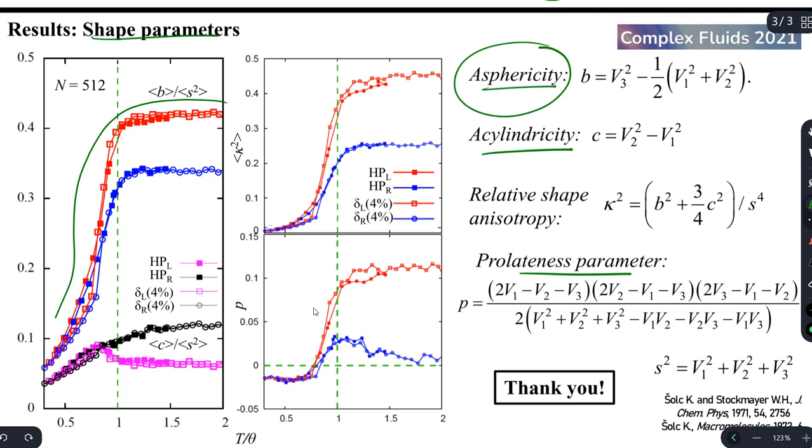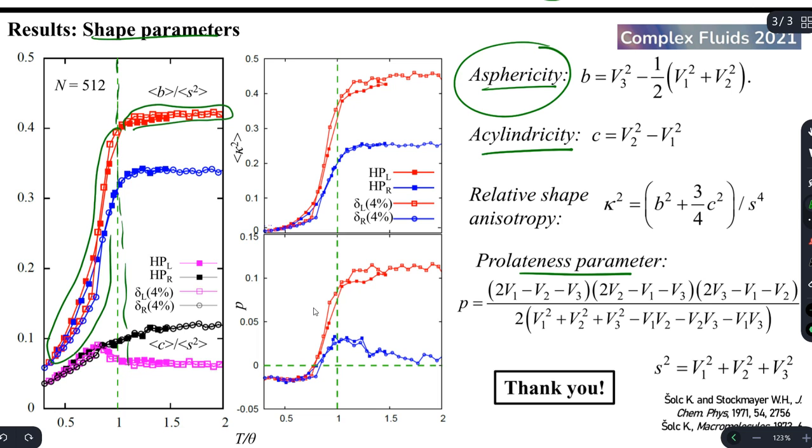So in short, what I find is that they are basically almost the same, the energy polydisperse one and the one which is not, but the difference is clearly seen below the theta temperature.